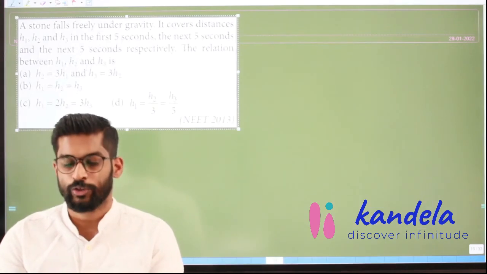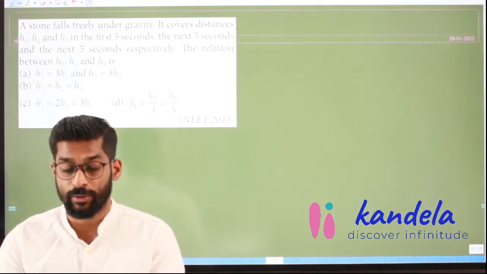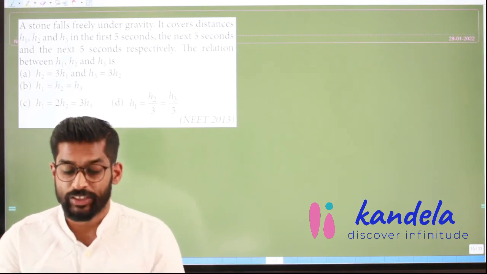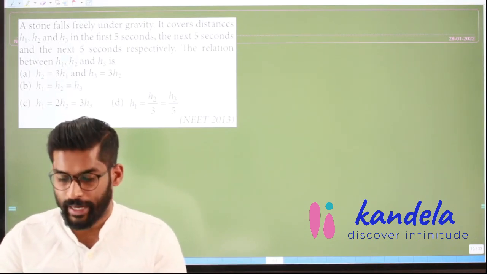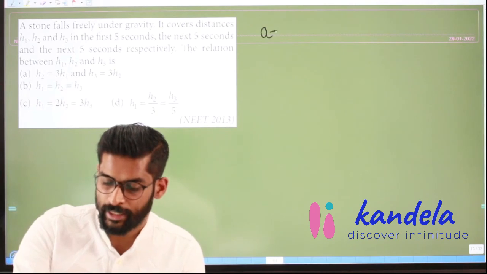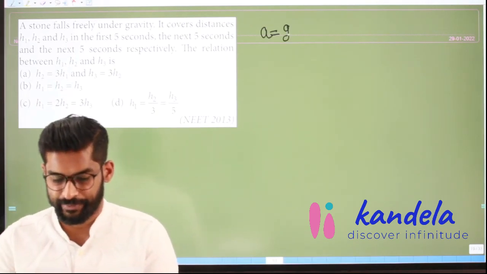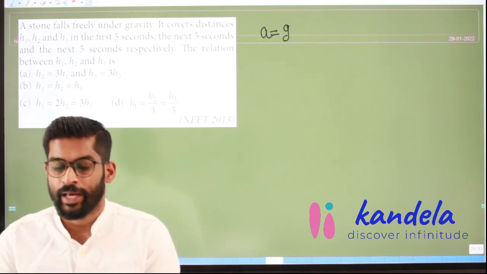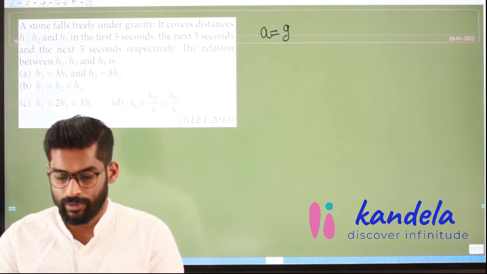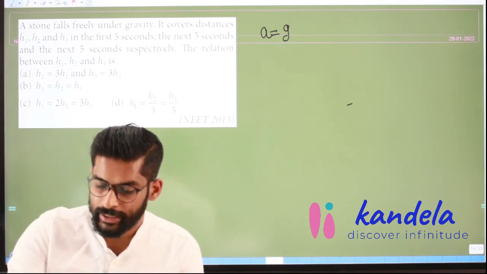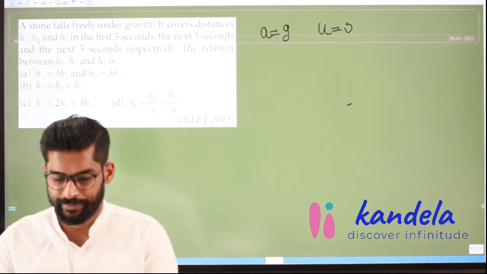To solve this problem, let us first understand how the motion looks. A stone is falling freely under gravity, so my acceleration is nothing but the gravity. Since it is falling freely, my initial velocity is 0.